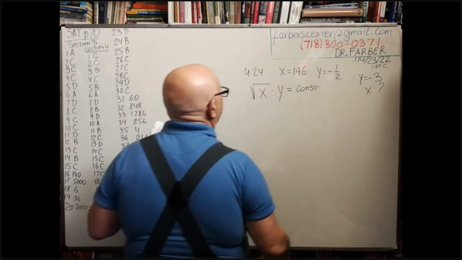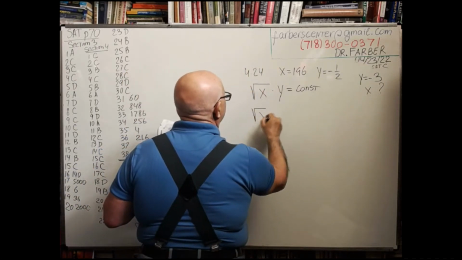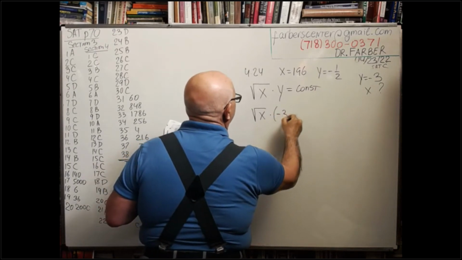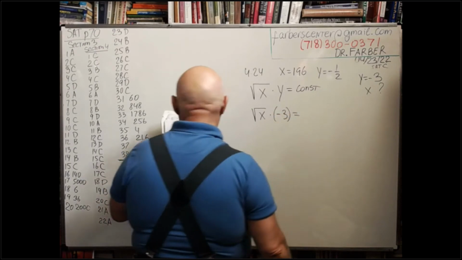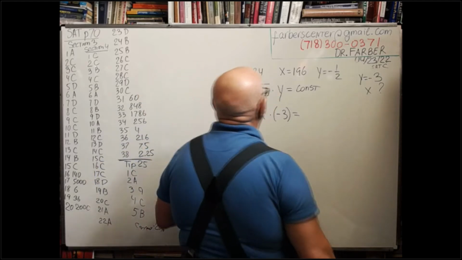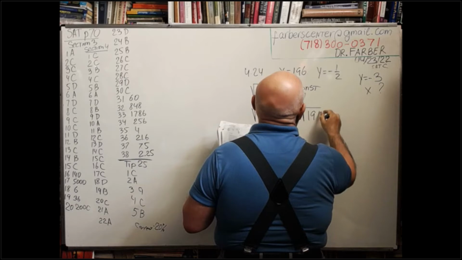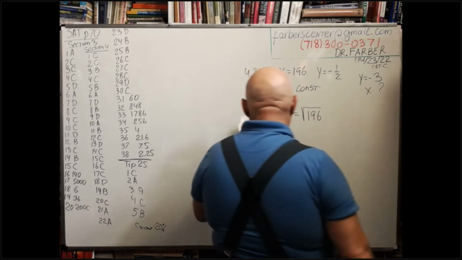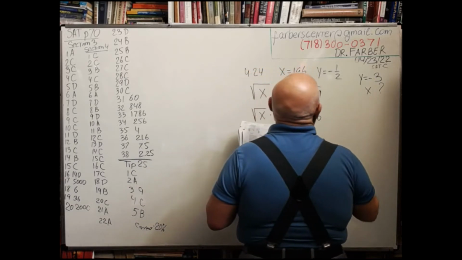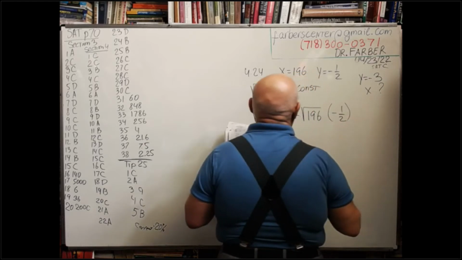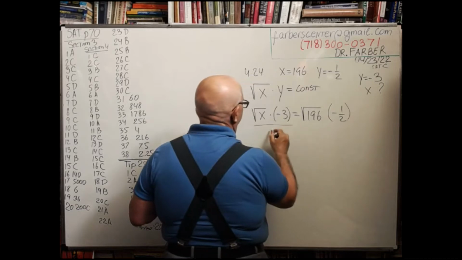So square root of x when y equals -3 equals square root of 196 times -1/2, and the y was raised to the power -3.